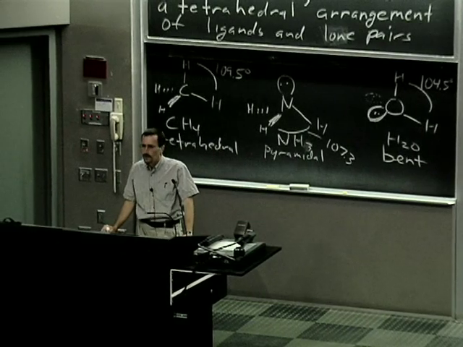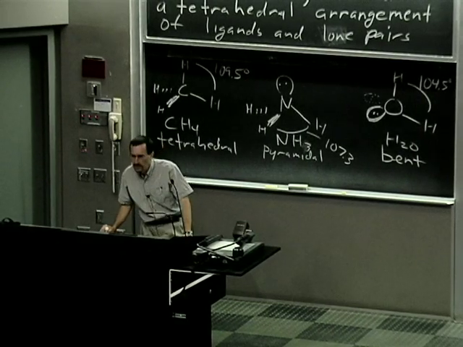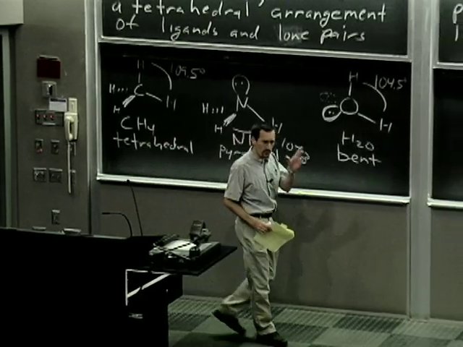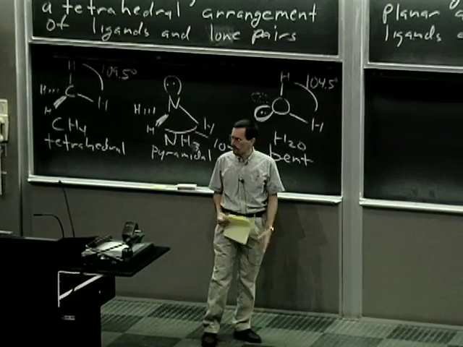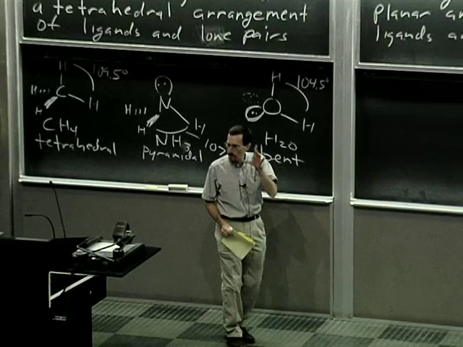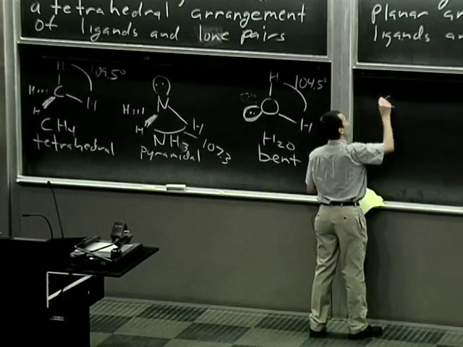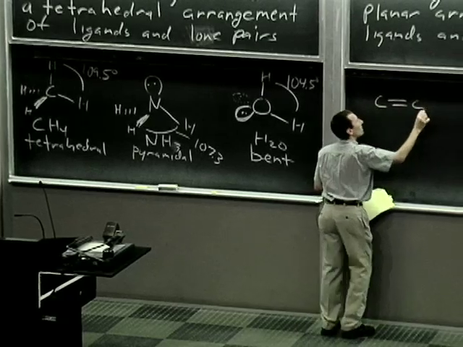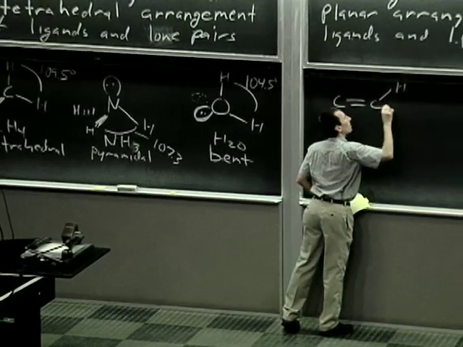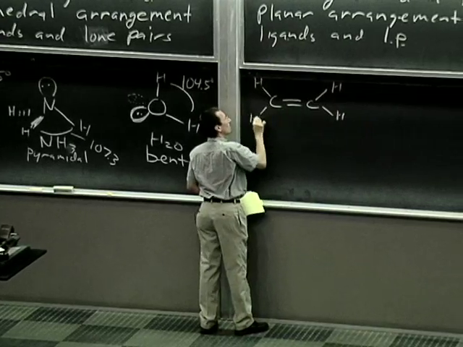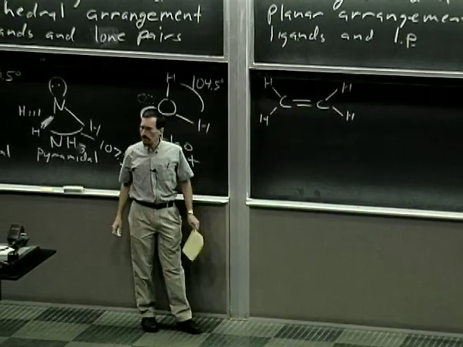We looked at ethylene last time, and we were concerned with an orbital-based model of the structure of ethylene. We remember that we said the molecule ethylene is planar, like so.